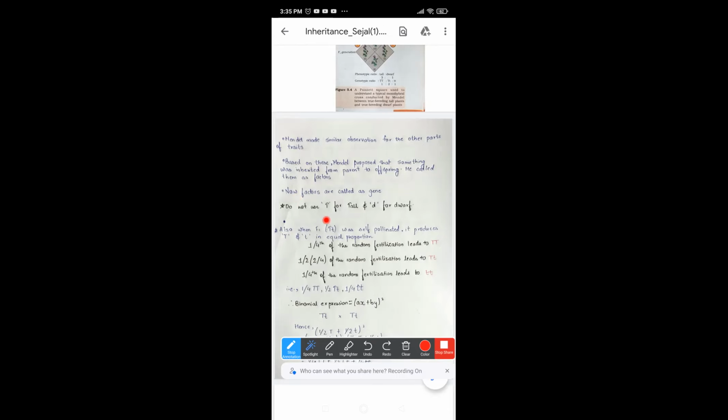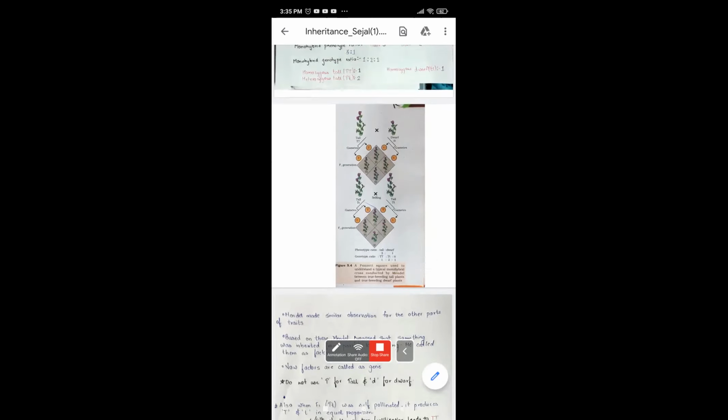Have you ever noticed why we use capital T for tall and small t for dwarf? We could also use D for dwarf, but we do not. We use capital T for tall and small t for dwarf because otherwise we may get confused, or it may be difficult to remember that they are contrasting traits of the same gene or character.